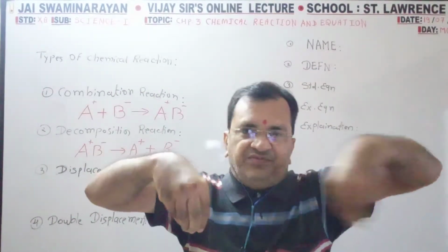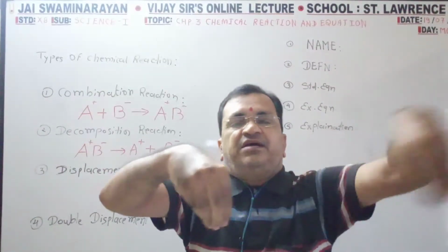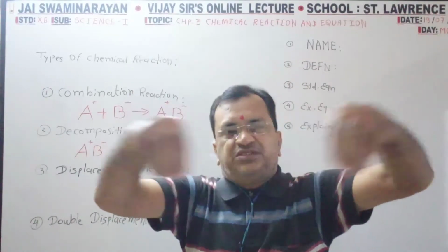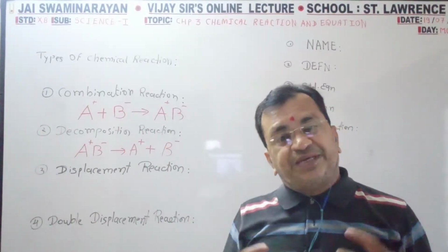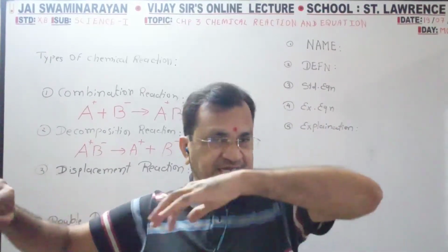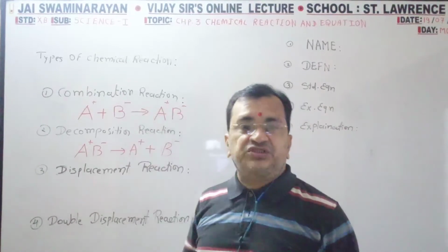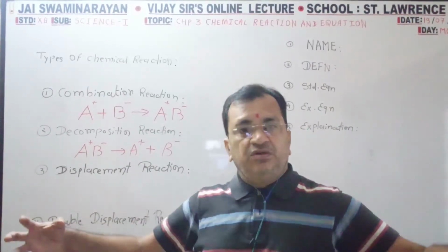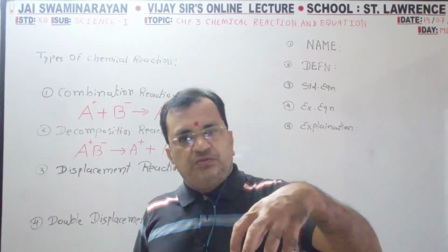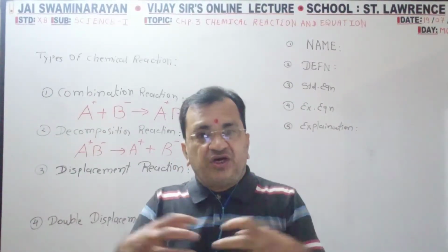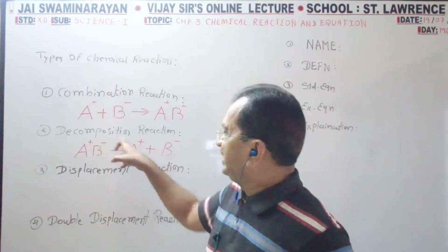From carbon dioxide we can separate carbon and oxygen. From iron sulfide, by chemical process we can separate sulfur. From calcium carbonate, carbon dioxide and calcium oxide. So it is the full opposite of this, two different things. From a compound, separation of its constituent elements, that is decomposition.